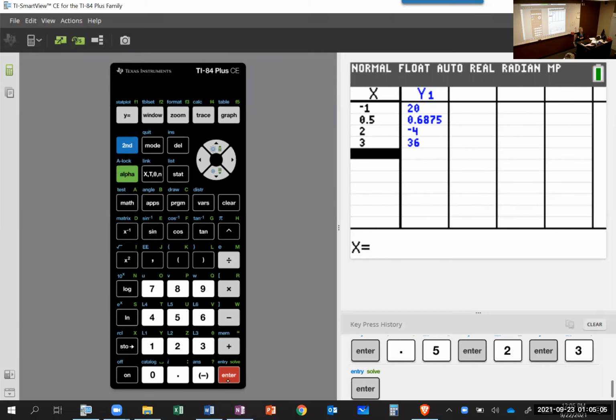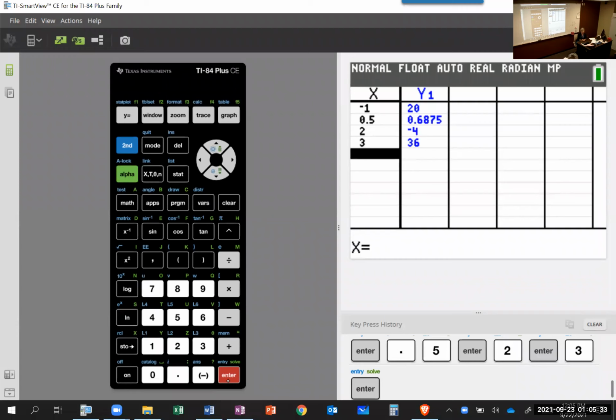So this is allowing me to, again, ask my calculator for the values that I'm interested in, not the values that the table is just producing. Okay, so I'm being very specific in that. And what we want to do is we want to write down on our paper, I want to know, was the function positive or negative at -1? So let's just write a plus sign down there.